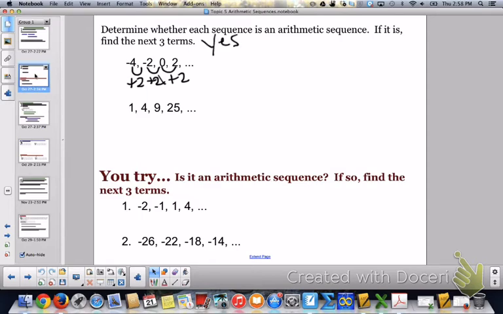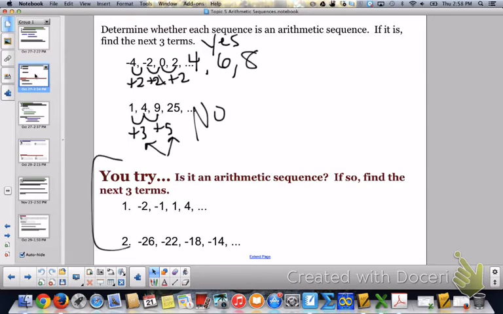And the next 3 terms, 2 plus 2 is 4, 4 plus 2 is 6, 6 plus 2 is 8. Okay, the next one, 1 to 4, I add 3. 4 to 9, I add 5. That's not a common difference, so no, that is not an arithmetic sequence. Okay, you have your you tries, go ahead and pause it and try those, please.